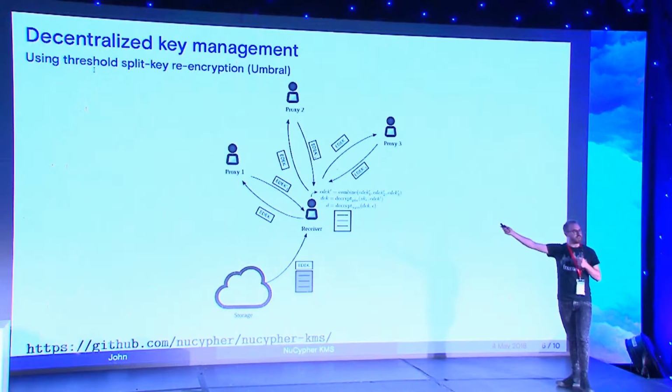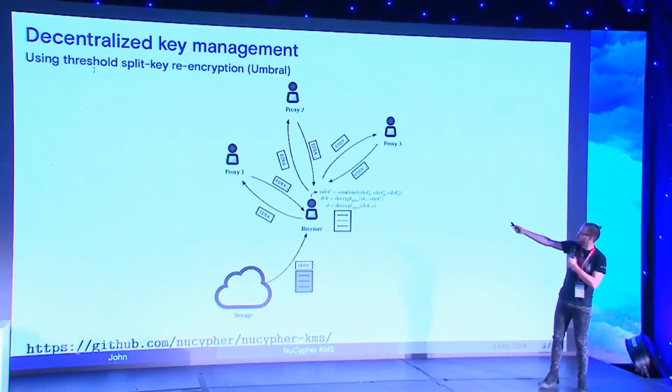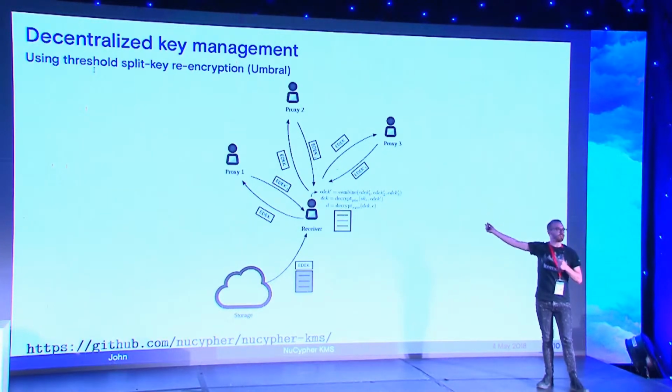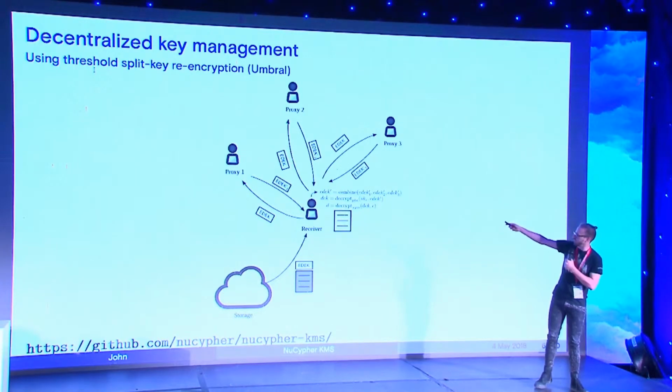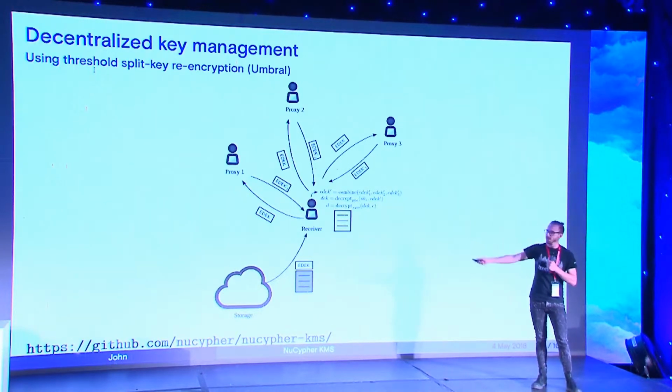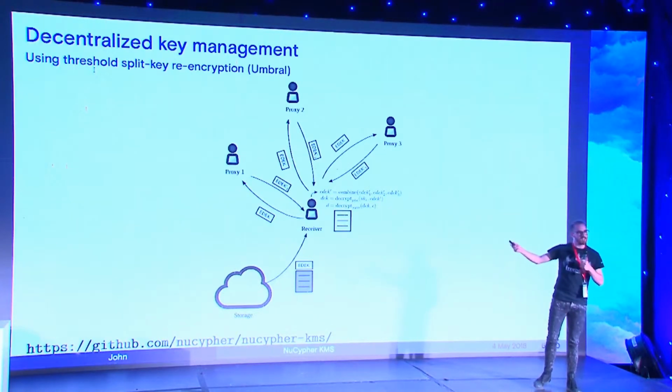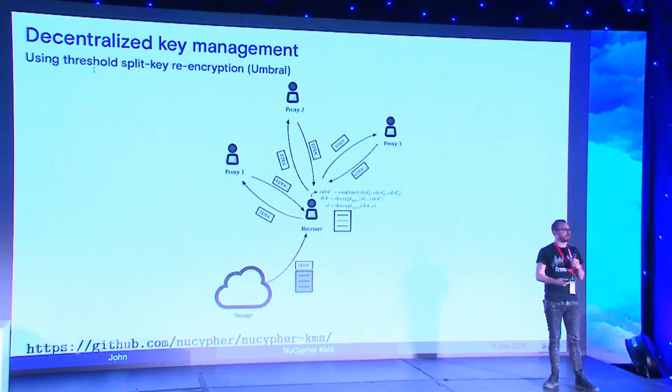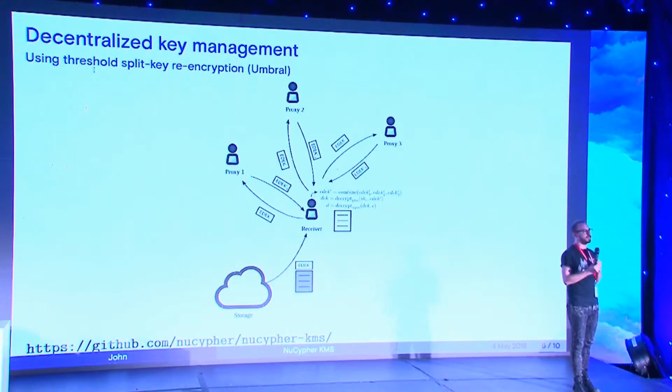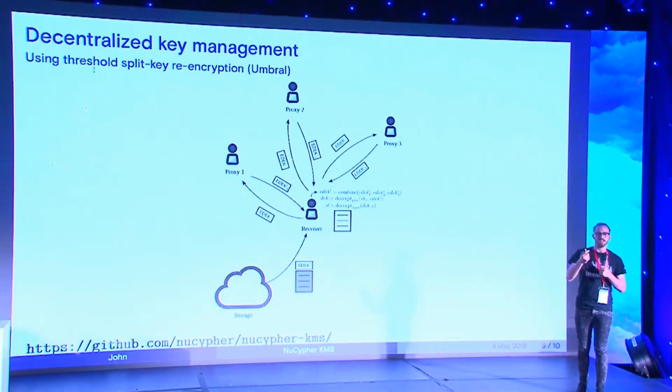So in the NuCypher network, we have plenty of these nodes, and you can choose any number of them to send these re-encryption key fragments to. When Bob wants access, he goes to each node and gets this data re-encrypted. When he finally performs the minimum number of re-encryptions, then he can actually have access to the data.